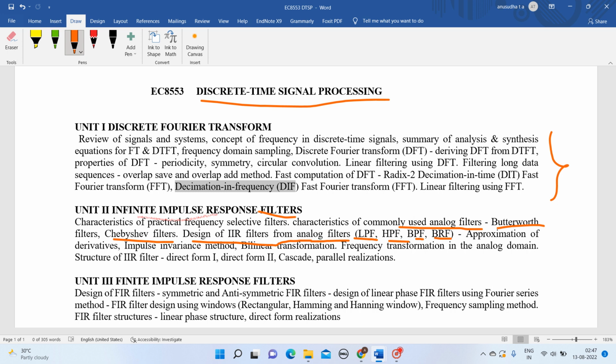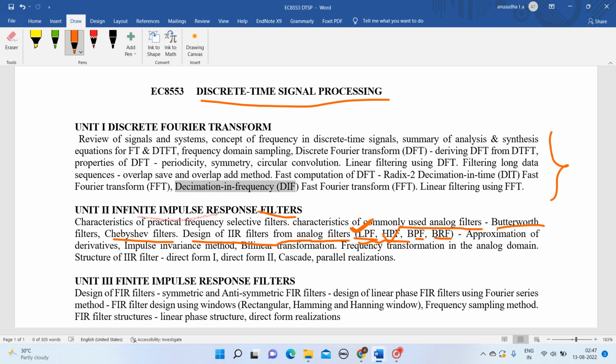Especially the low pass filter and high pass filter, these two filters are very, very important from the exam point of view. They may ask to design an analog filter using the Chebyshev filter method. Majorly they will ask for the low pass filter only.